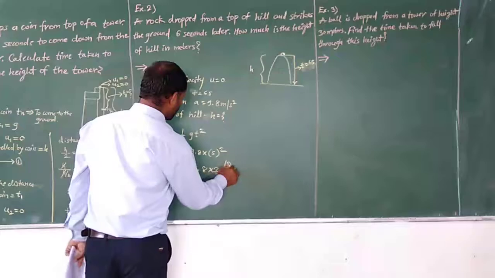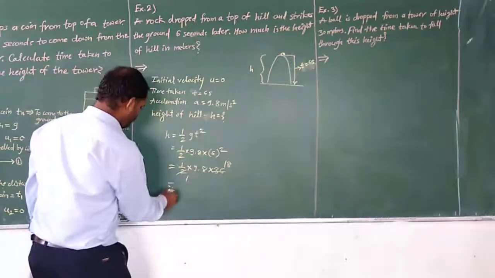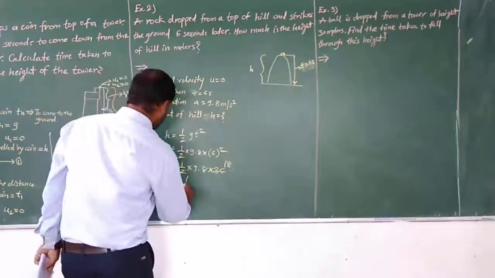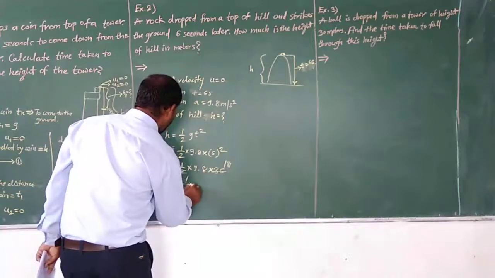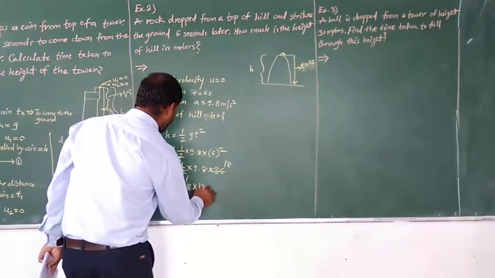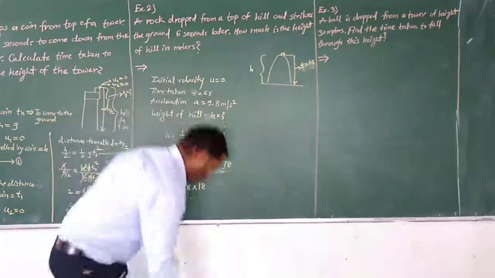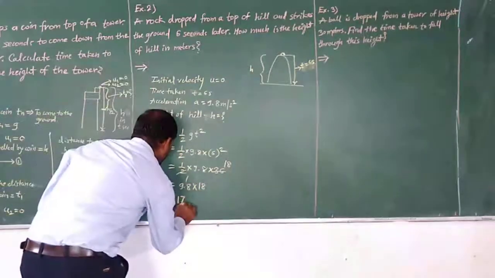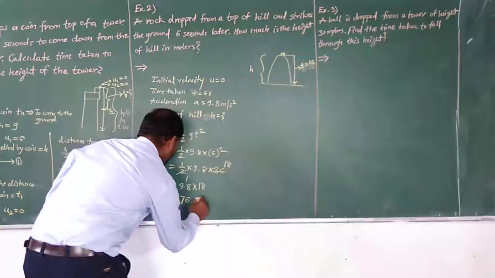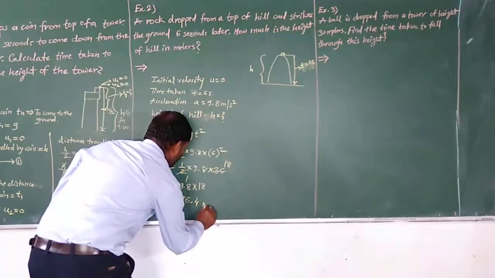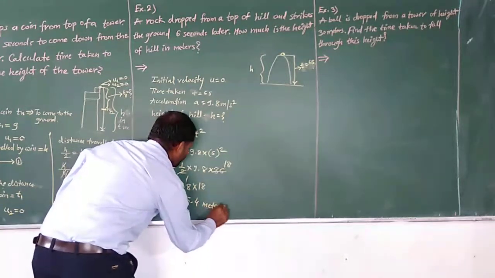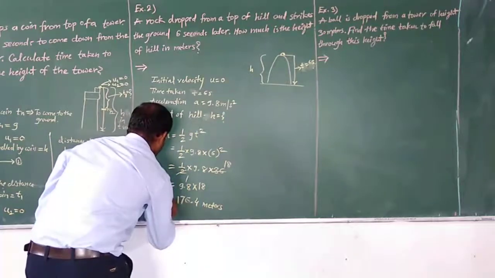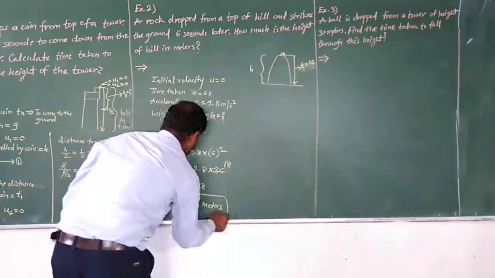This is 18. So 9.8 into 18. Calculate how much it will be: 176.4 meters. So the height of the hill is 176.4 meters.